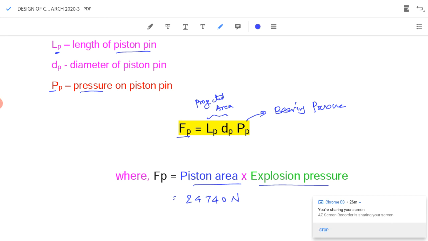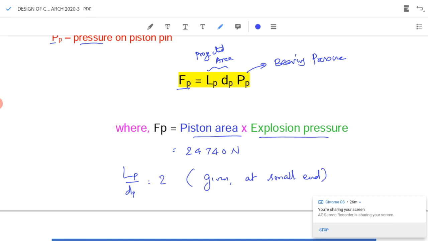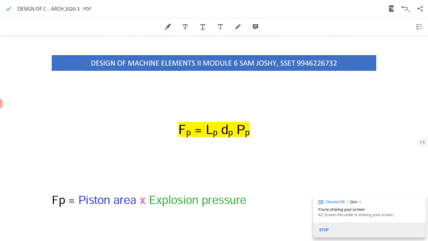Now what about Lp and dp? It is given, the ratio Lp by dp equal to 2 at the small end or the piston end. So I can write Lp equal to 2 dp. I will rewrite this equation.